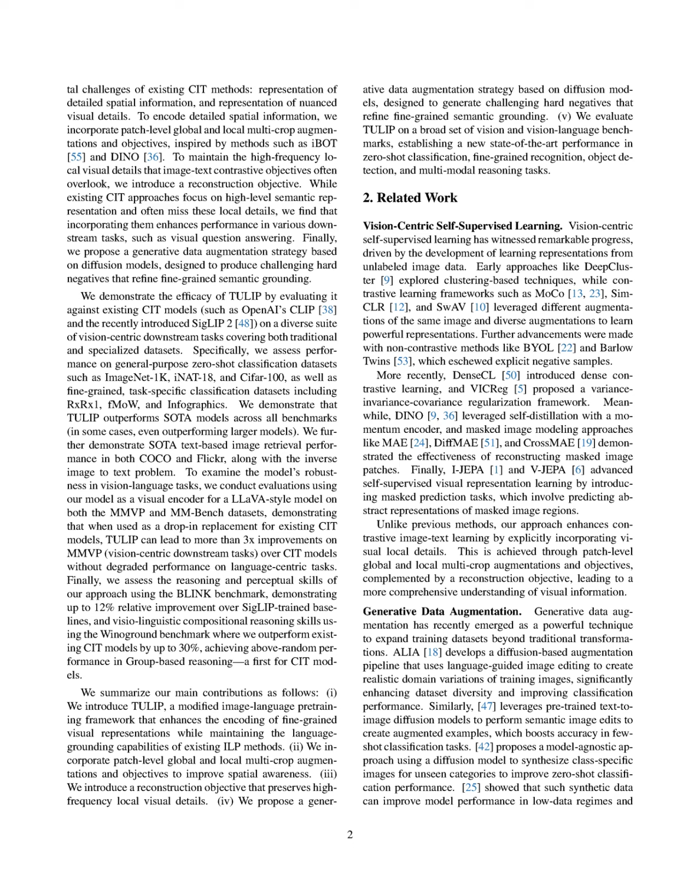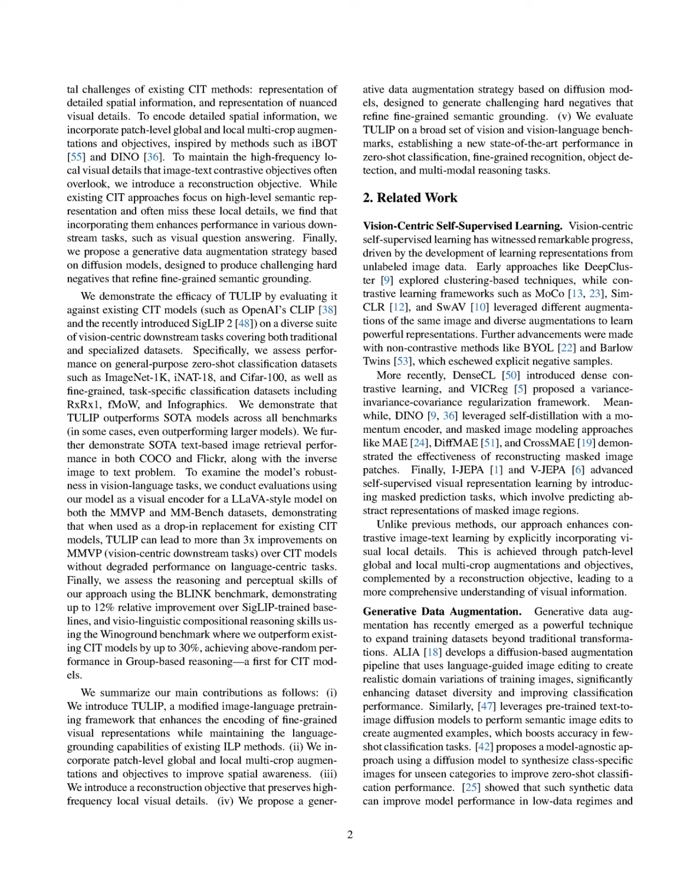Additionally, TULIP's capabilities are assessed in text-to-image and image-to-text retrieval tasks using COCO and Flickr datasets, and its robustness is evaluated as a visual encoder for LLaVA-style models on the MMVP and MMBench datasets.